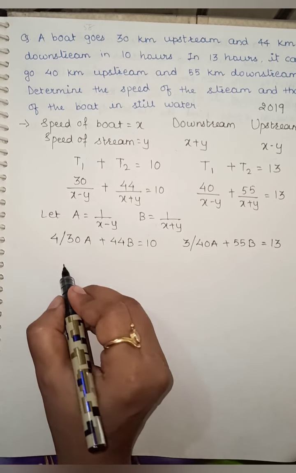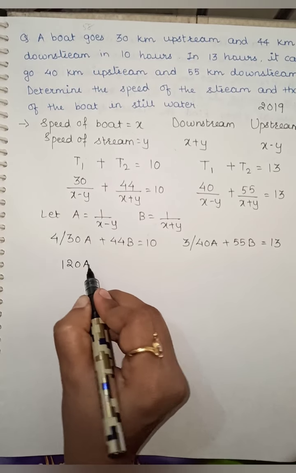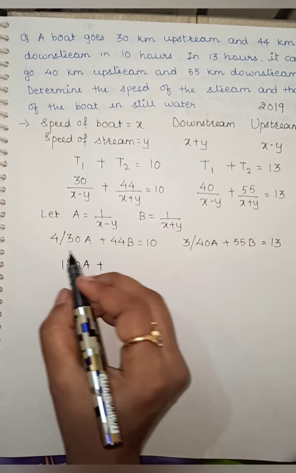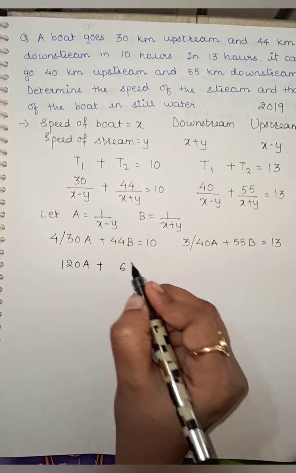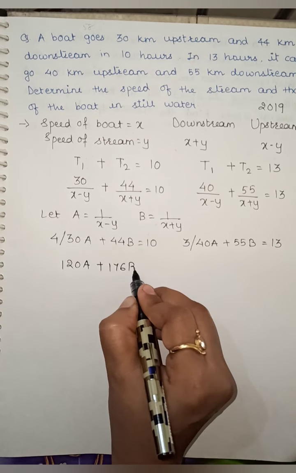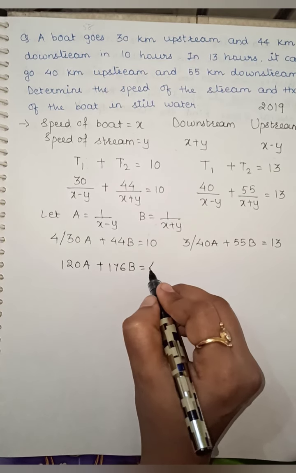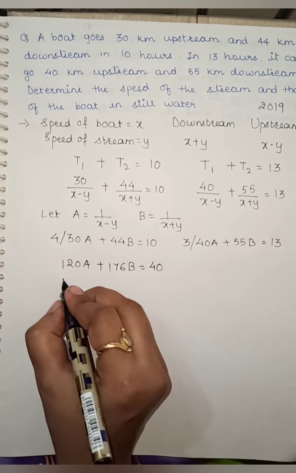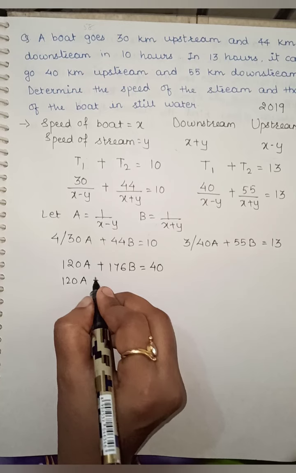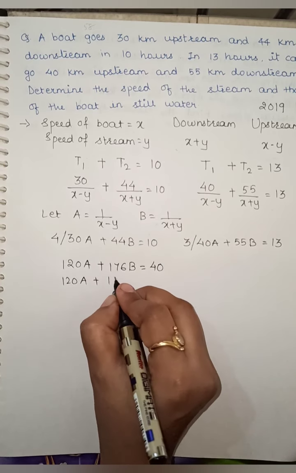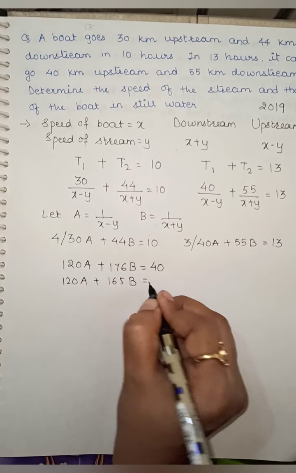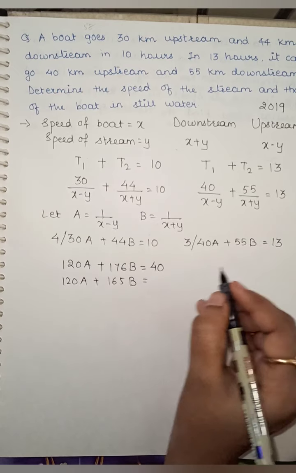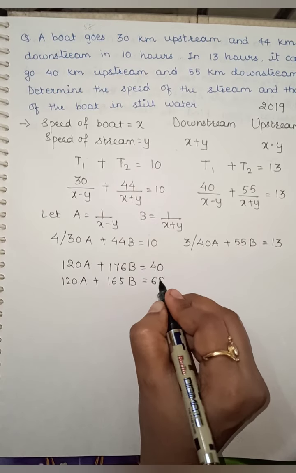So 4 into 30, 120a, plus 4 into 44, 176b, equal to 4 into 10 is 40. Similarly here, 120a plus 55 into 3 is 165b, and 13 into 3 is 69.